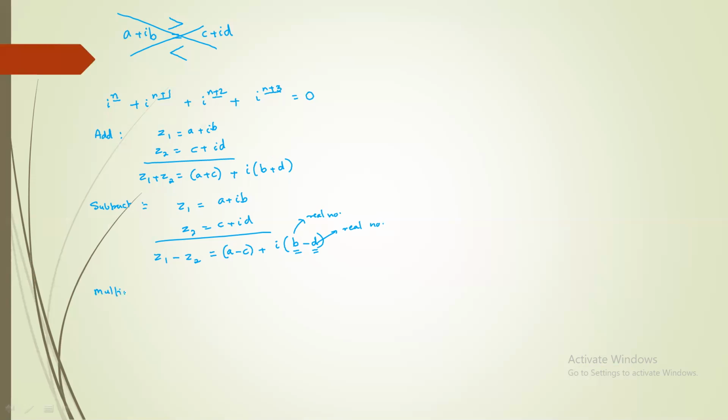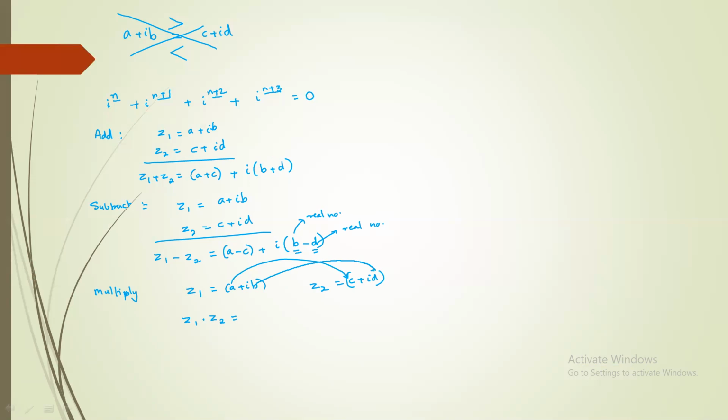You are subtracting two real numbers, but they belong to the imaginary part. Similarly, if you want to multiply two complex numbers, Z1 equal to a plus ib and Z2 equal to c plus id, then there is a shortcut form for multiplication for Z1 into Z2.